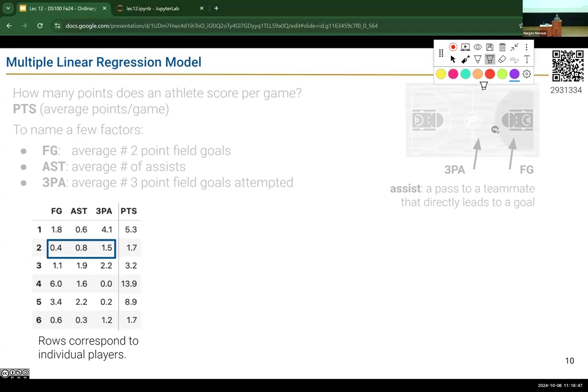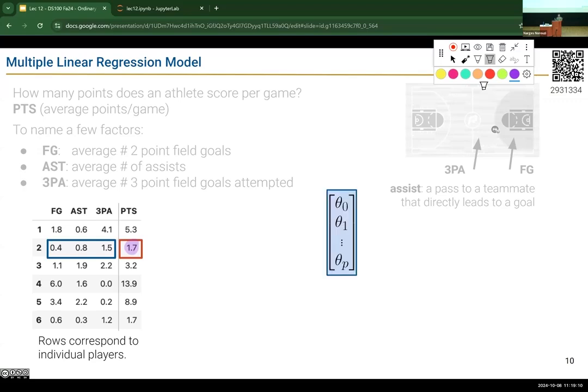So for example, if I look at one specific row, this is the second player. What I know from this player is that they have those specific features, and in the ground truth, in the original data set, the target value is that they scored on average 1.7 points in a game.